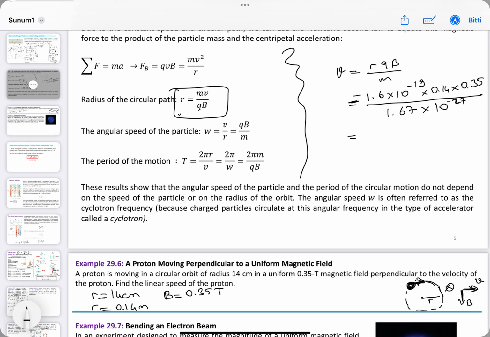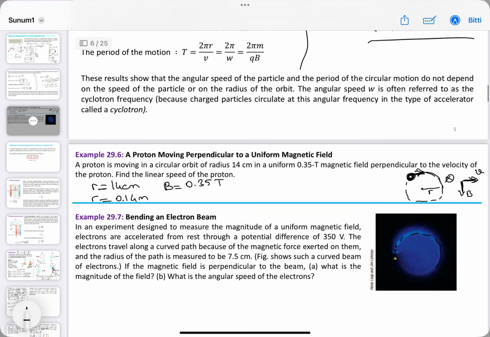So your velocity will be 4.7 multiplied by 10 to the 6 power meter per second. You can see, if you know the formula, you can calculate the result.